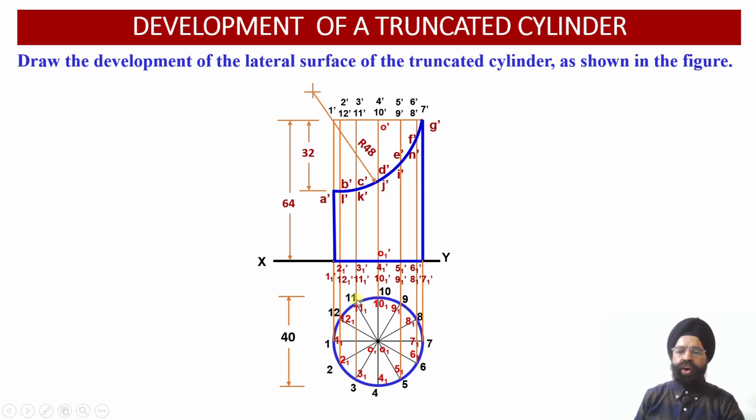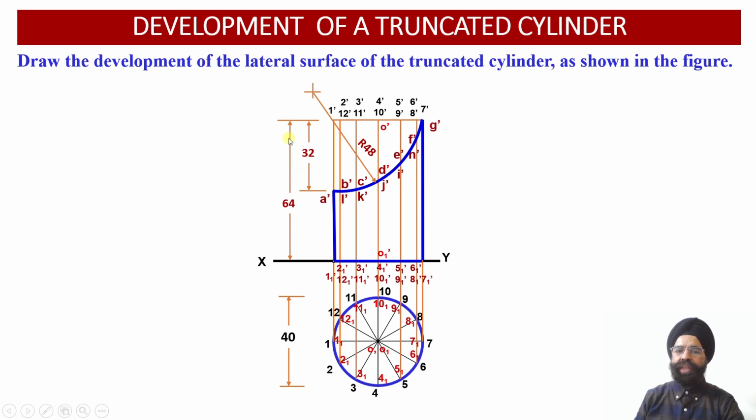The diameter of the cylinder is 40 millimeter and the cylinder is resting on the horizontal plane on its circular base, while the top portion of the cylinder has been cut by a circular cutting plane which has an arc radius equal to 48 millimeter.